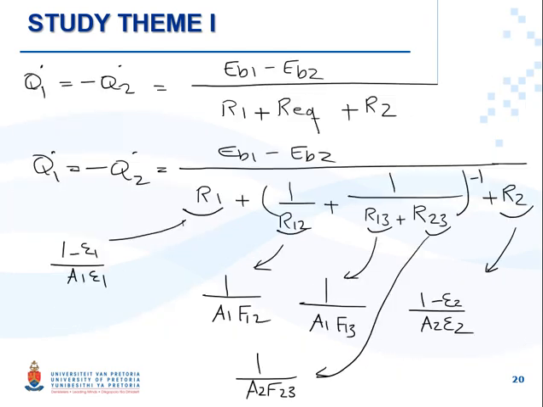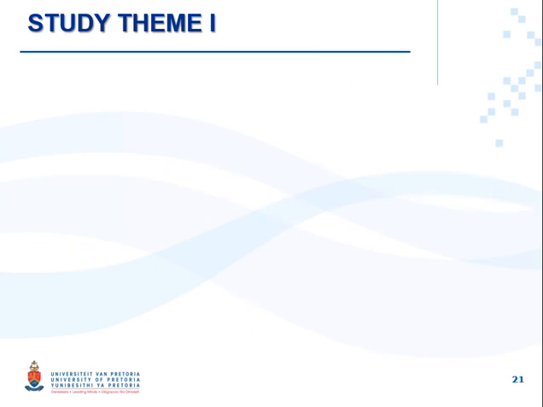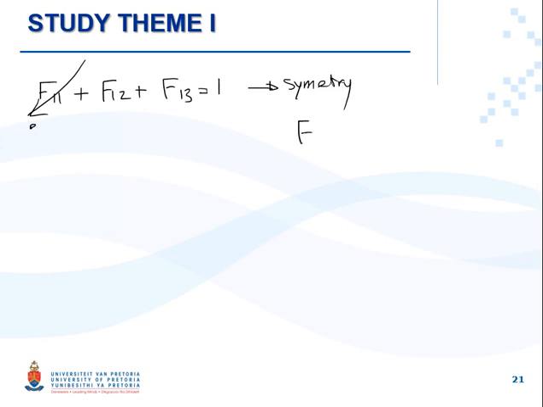So, view factor: we know that F11 plus F12 plus F13 is equal to 1, but F11 is 0 because it's a plane, and from symmetry we have F12 is equal to F13, which is equal to 0.5. Okay, the question is asking for the rate per unit length of the duct.